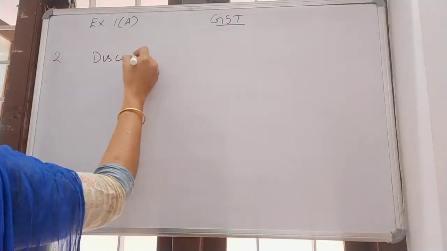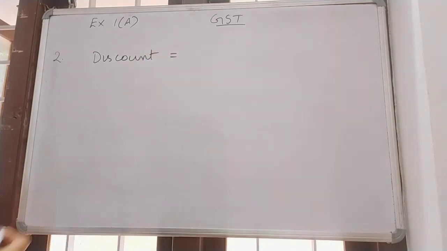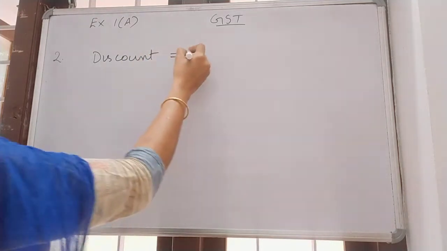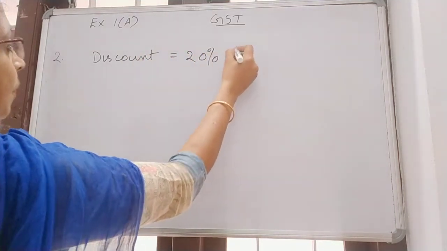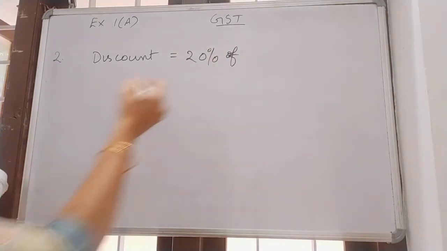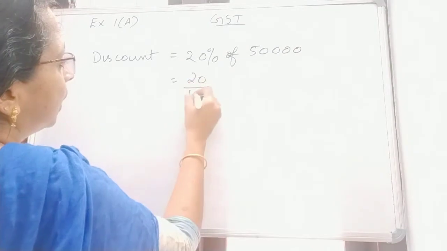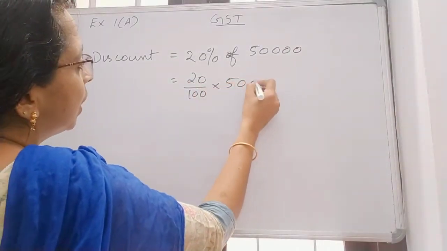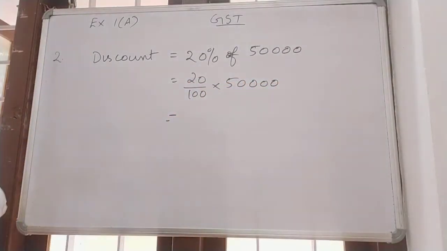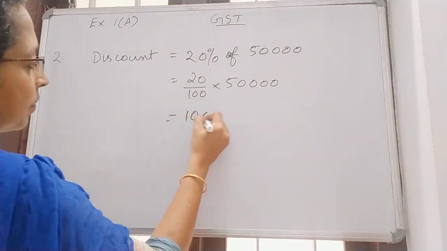Discount will be, discount percentage is given as 20%. So 20% of which one? MRP. MRP is 50,000. So 20 by 100 into 50,000 is equal to value. Do the calculation. It is 10,000.